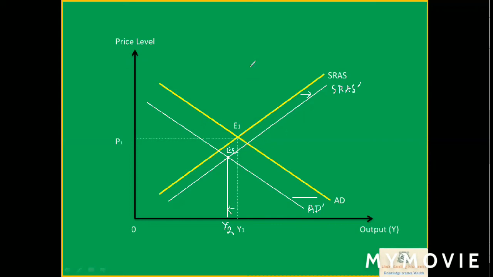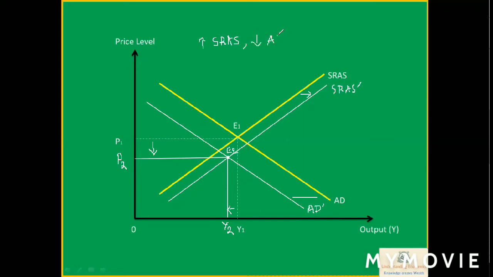And if we look at the price, then we can see that the price has dropped from P1 to P2.